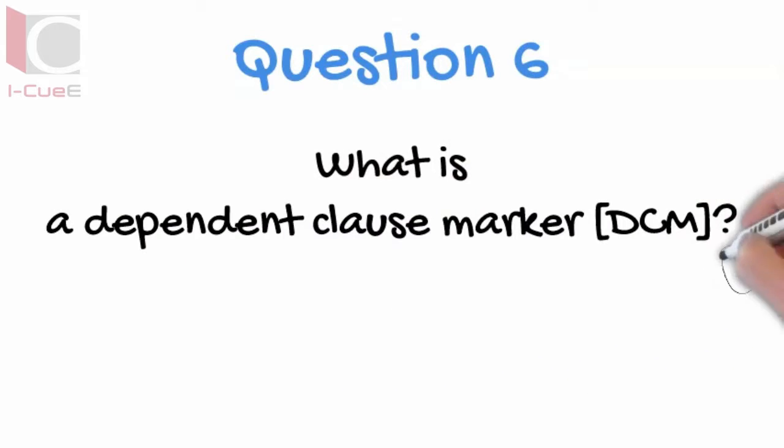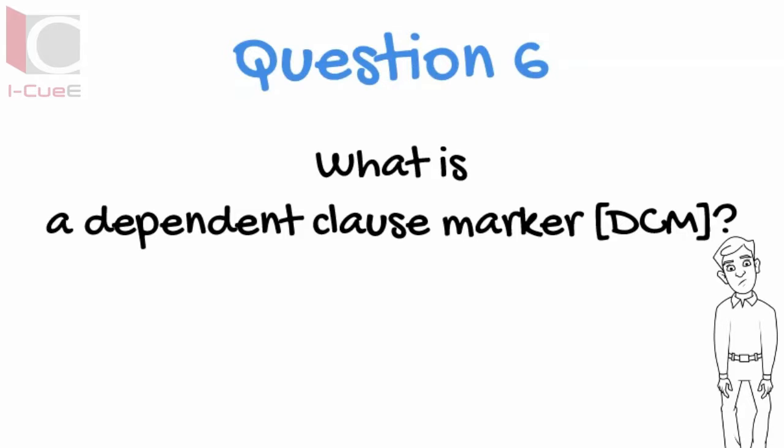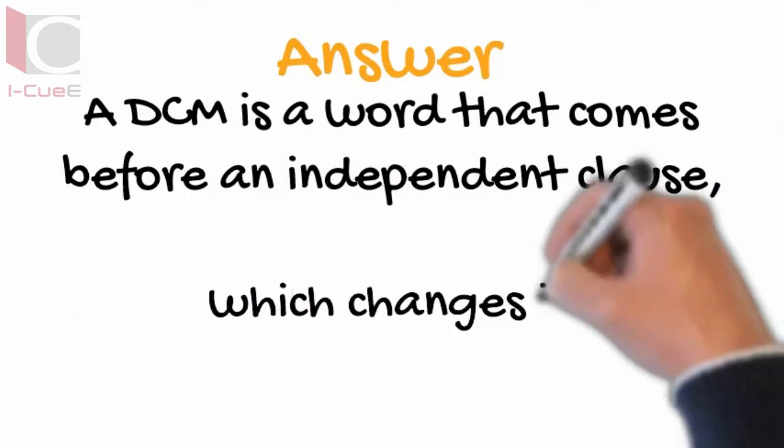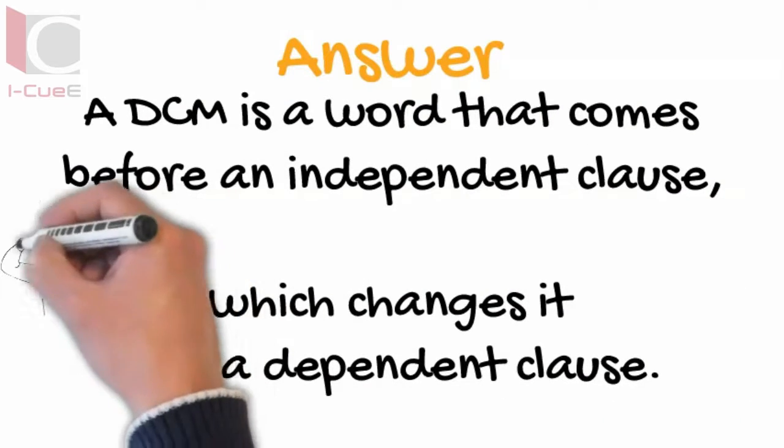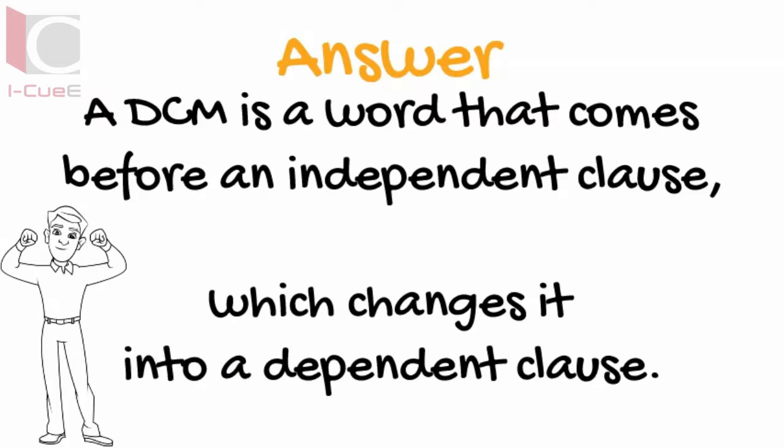What is a dependent clause marker, DCM? A DCM is a word that comes before an independent clause, which changes it into a dependent clause.